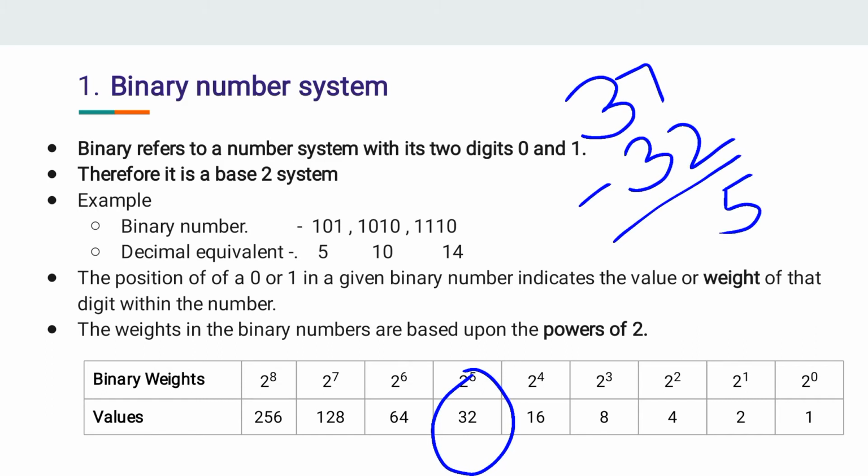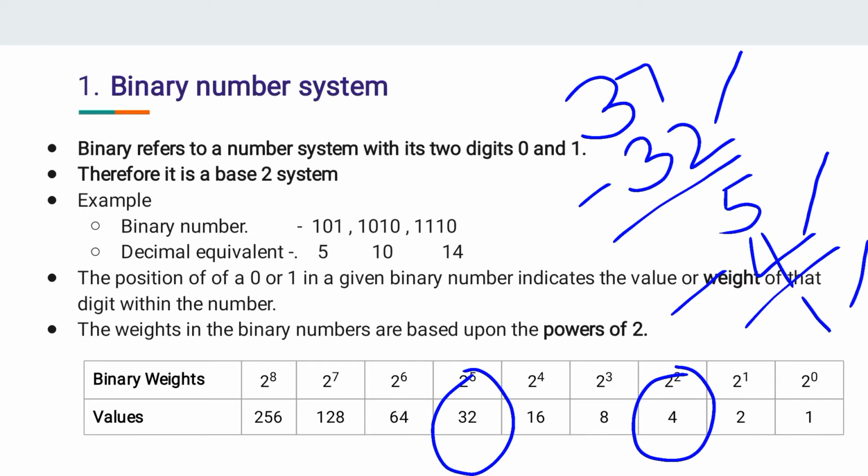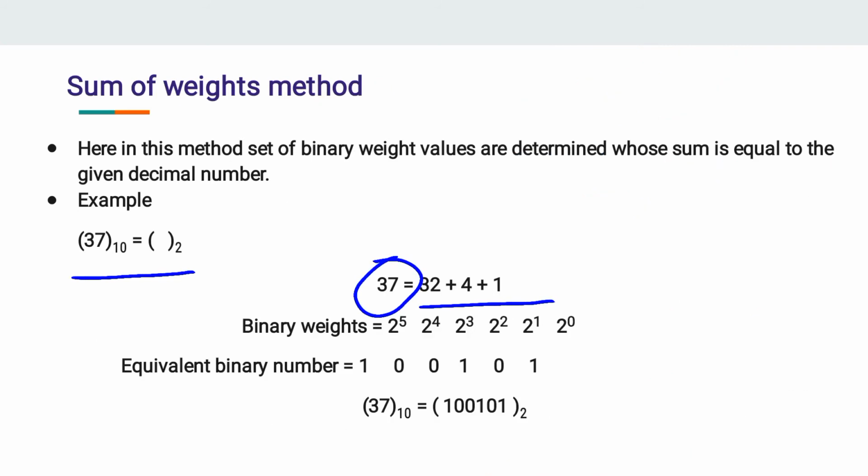Next the highest value nearer to 5, which should be less than 5, is 4. So 5 minus 4 you get 1. Therefore you take 32 plus 4 plus 1 to get 37.